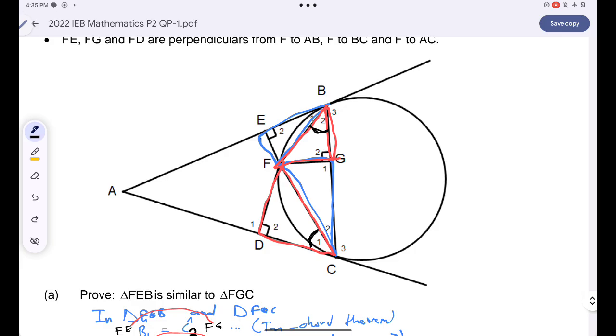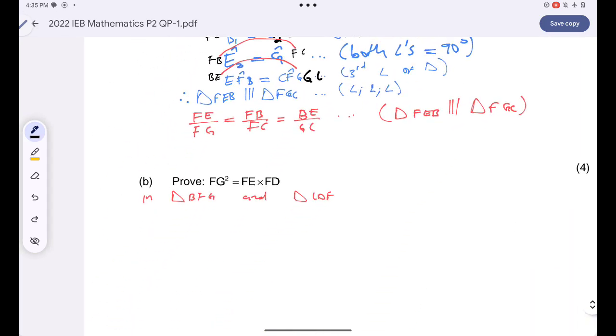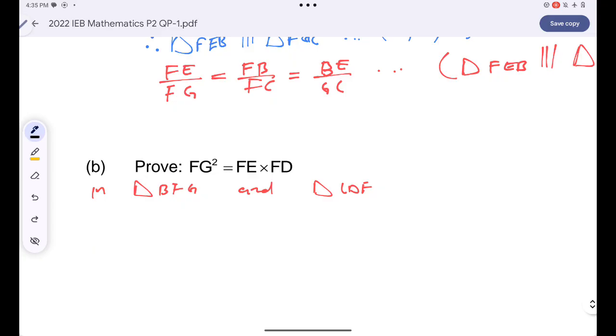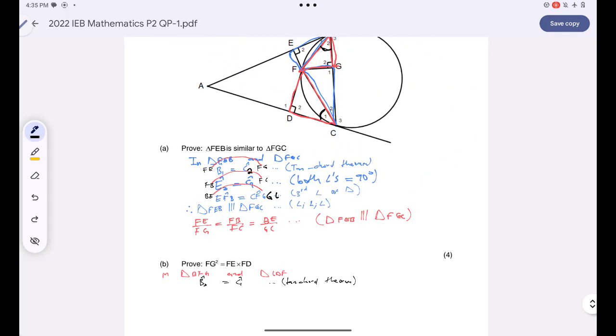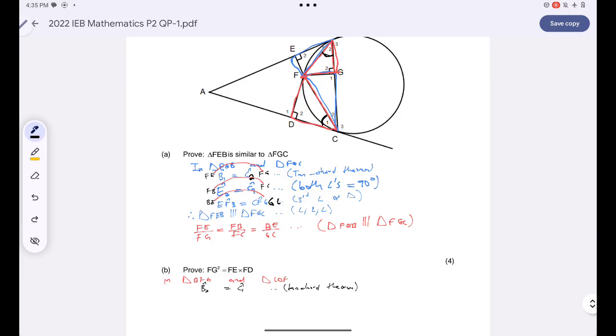So C1 is equal to B2. This is the tan chord theorem. B2 is equal to C1, that's the tan chord theorem.